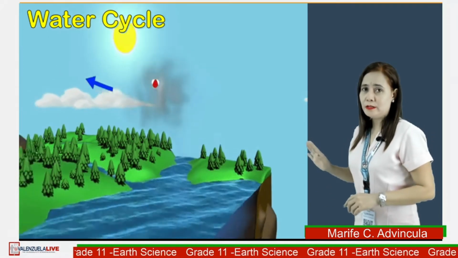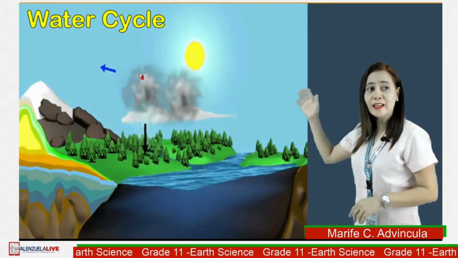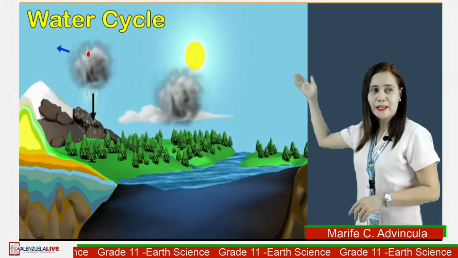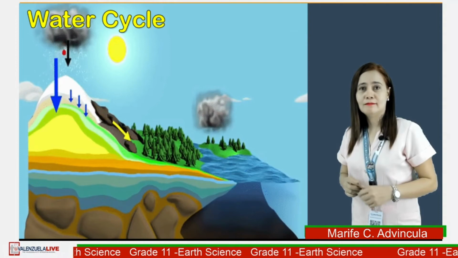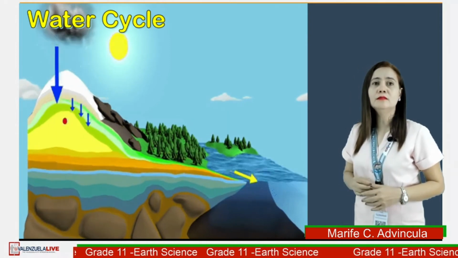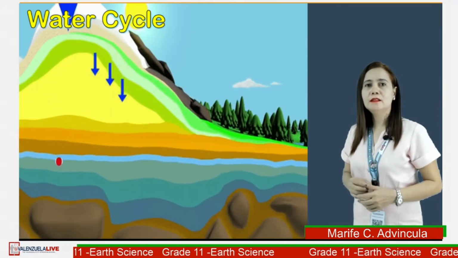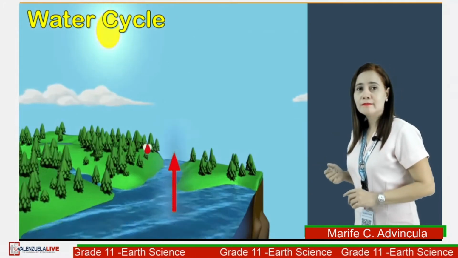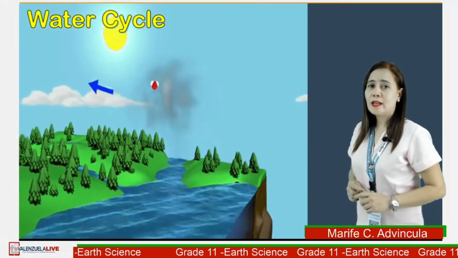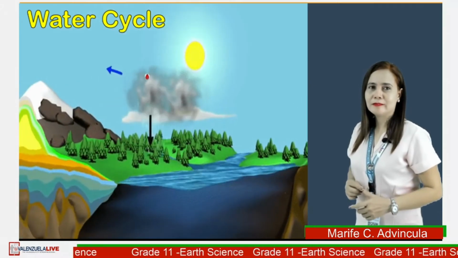Earth's water is constantly recycled through the water cycle. Water keeps changing in state. As it goes through the cycle, the water cycle includes processes such as evaporation, condensation, and also precipitation.